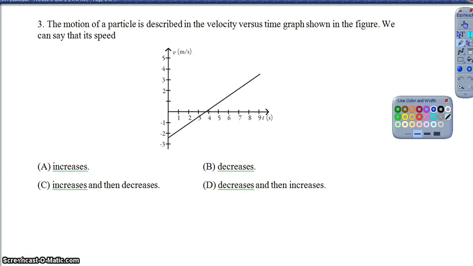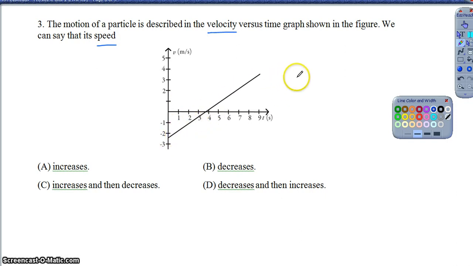So question 3. For the motion of the particle described in the velocity versus time graph, we can say that its speed does what? This is a good example for illustrating again the difference between velocity and speed, right? We know that the velocity is changing at a constant rate because the slope is constant.